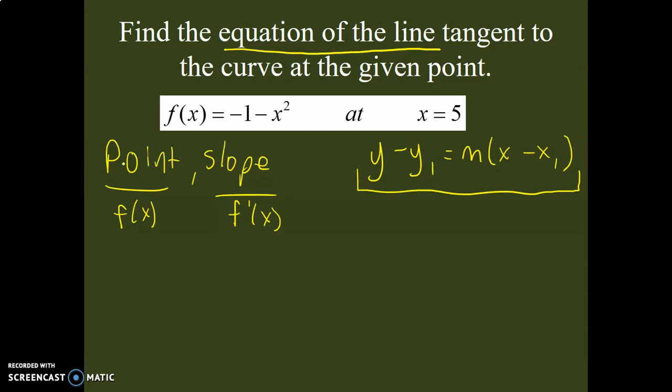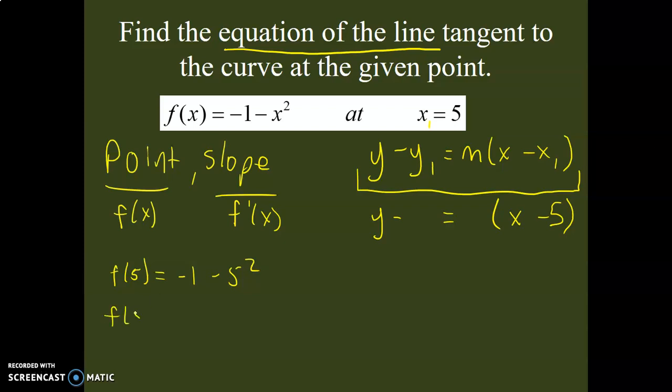Okay, so I need a point and I need a slope. Right now I have an x value, that's really my x1 value. So I already have one piece of my answer. I know that it's going to be x minus 5. So let's find the point. f of 5 would be negative 1 minus 5 squared.